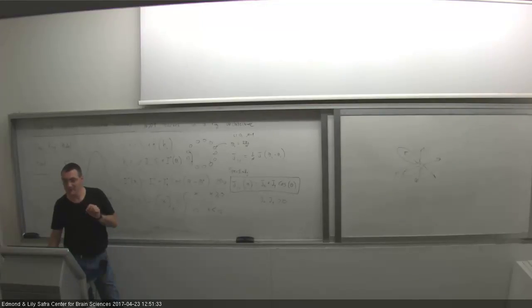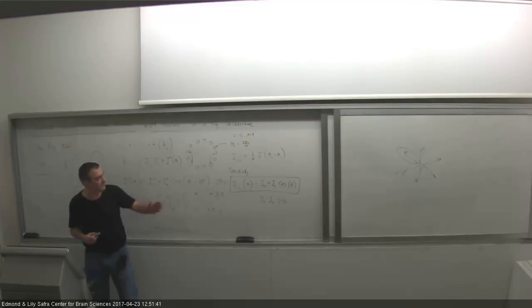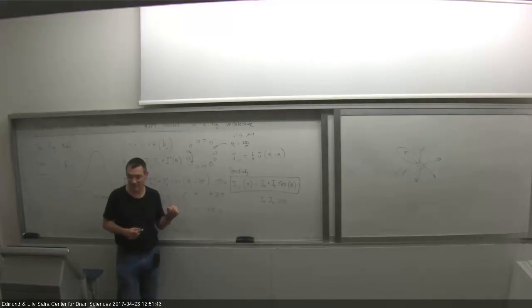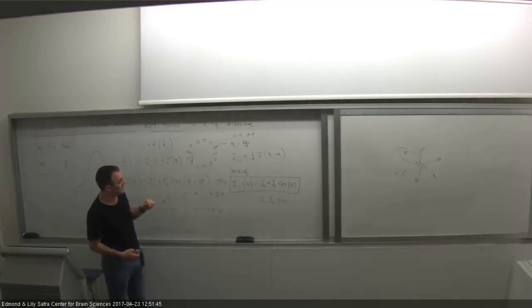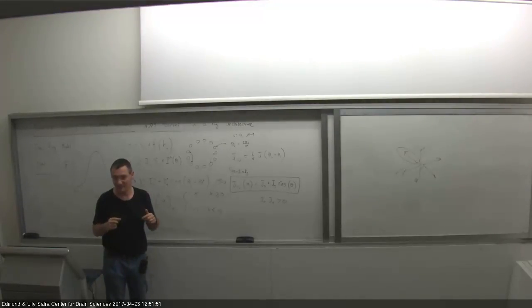When I say near and far, I don't mean physically. Yeah, I know. I mean, the one that's 180 degrees away. You get minus 1, so it will be negative.